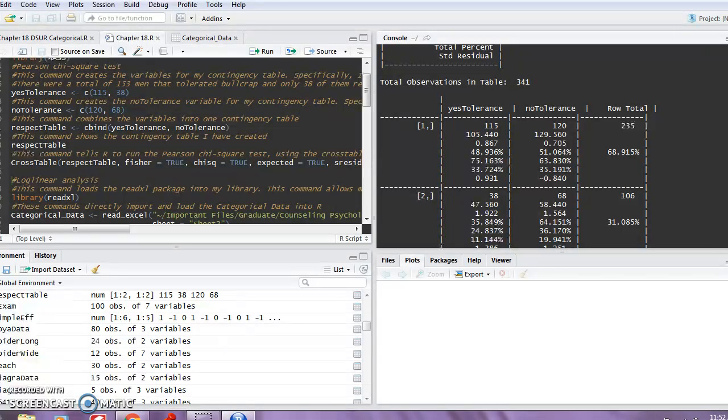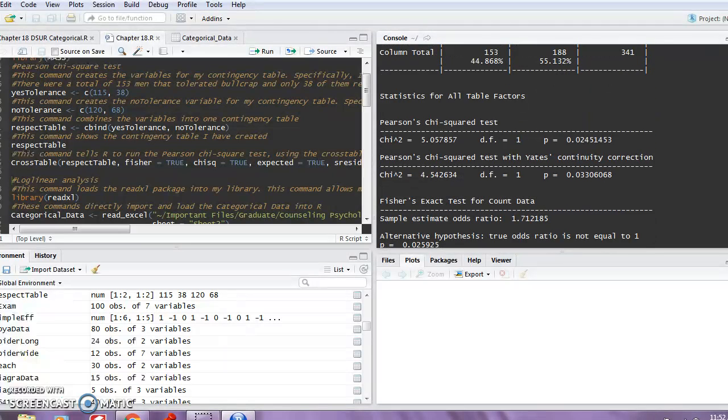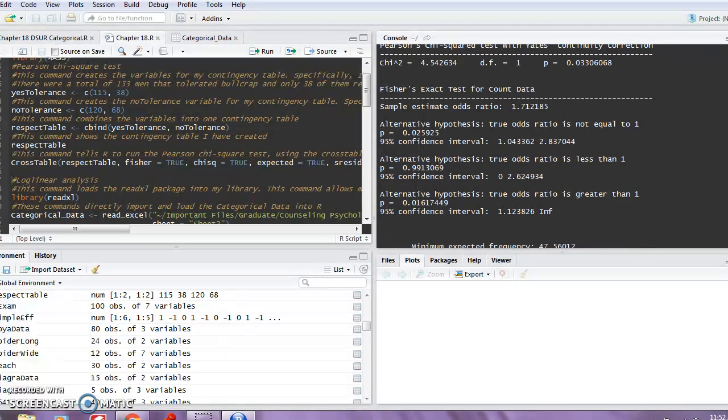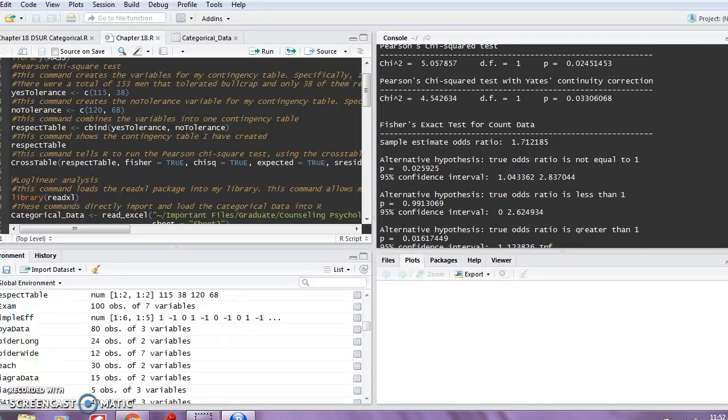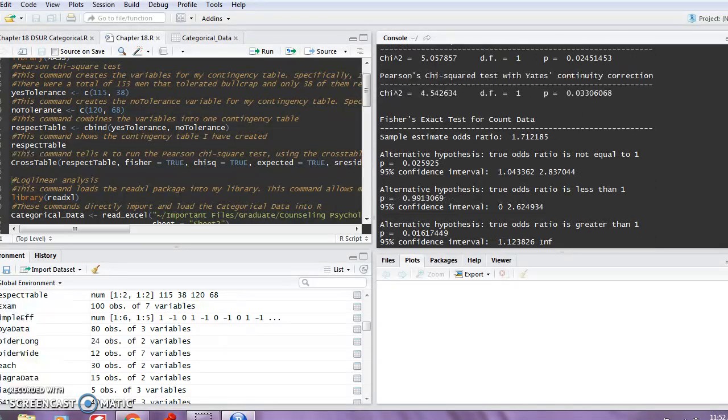We can also look at the odds ratio, and the odds ratio just gives us a sense of the magnitude of our predictive variable on the outcome variable. There we are.